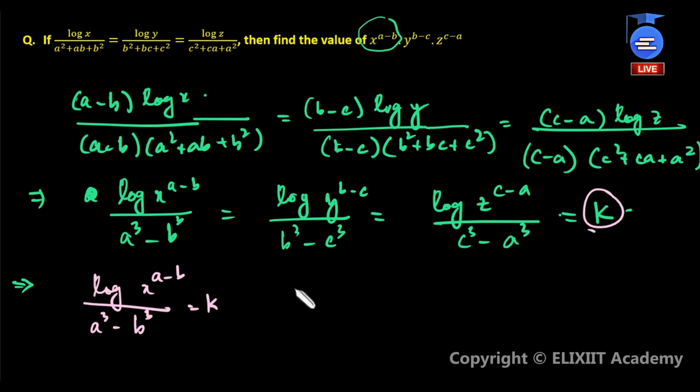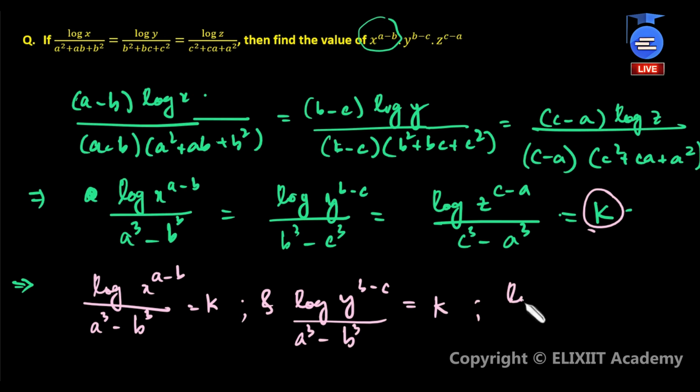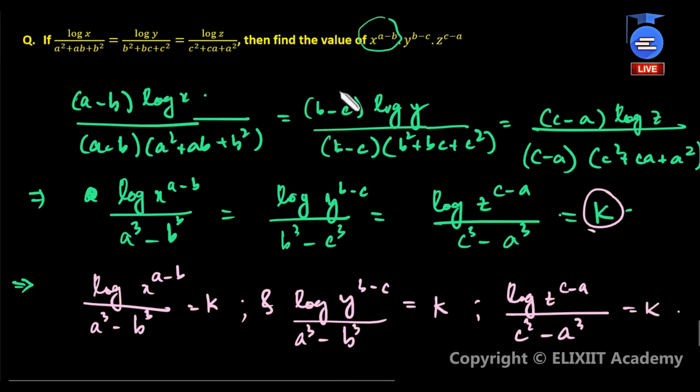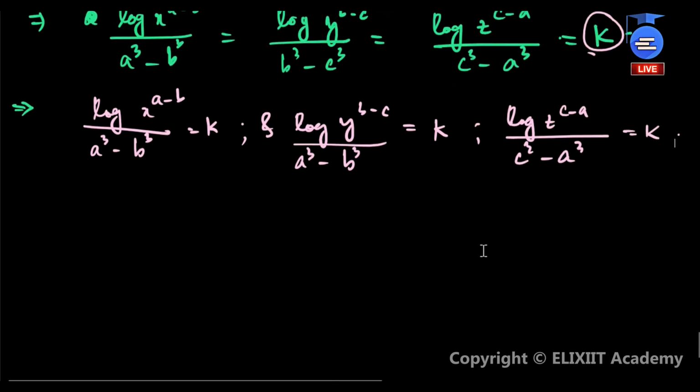Separate them and add them. Log y to the power b minus c divided by b cube minus c cube is equal to k, and log z to the power c minus a divided by c cube minus a cube is equal to k. Next, what? Cross multiply and add them.